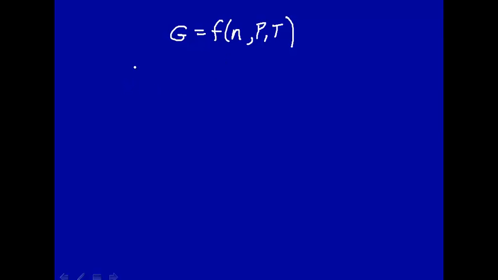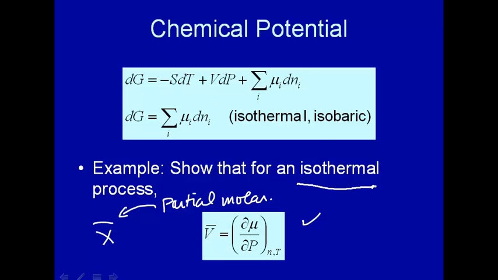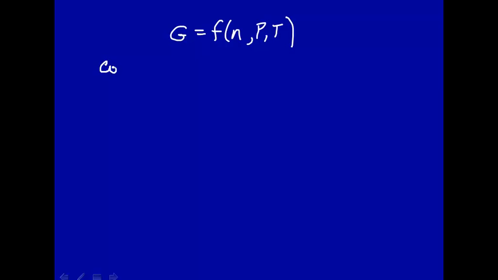We now do what we did before, take the derivative with respect to the various parameters, and this is an isothermal process. So let's say constant temperature, so we don't have to worry about this. The only two things changing are number of moles and pressure.